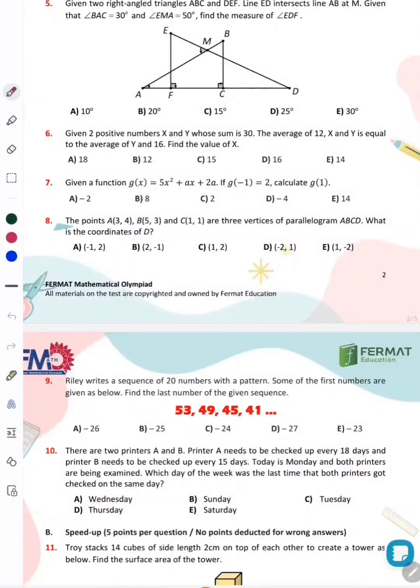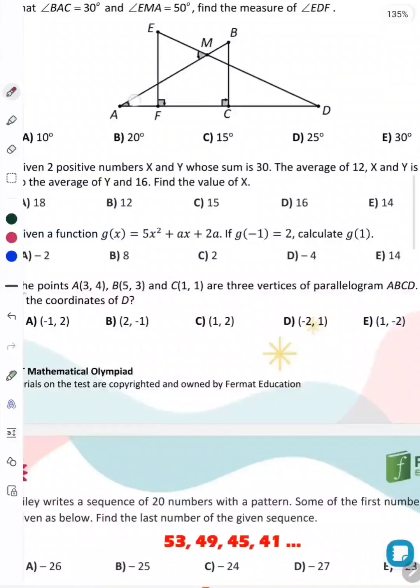Question number 5. Given two right-angled triangles ABC and DEF, line ED intersects line AB at M. Given that angle BAC is 30 degrees, and angle EMA is 50 degrees, find the measure of angle EDF.